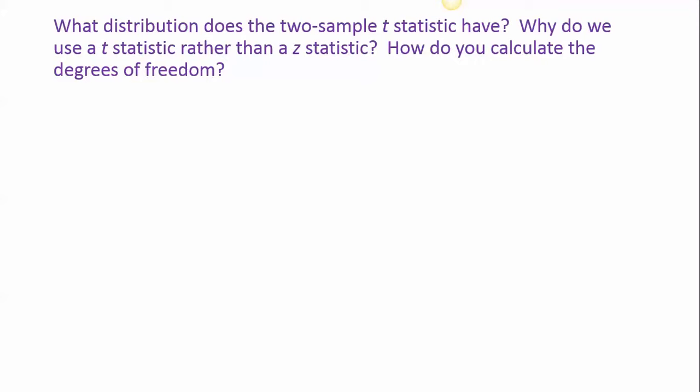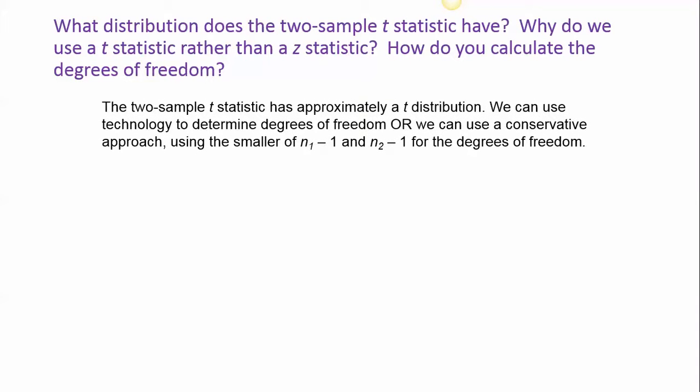What distribution does the two-sample t-statistic have? And why do we have a t-statistic rather than a z-statistic? And how do you calculate the degrees of freedom? The two-sample t-statistic has approximately a t-distribution. We can use technology to determine degrees of freedom, or we can use a conservative approach using the smaller of n1 minus 1 and n2 minus 1 for the degrees of freedom.